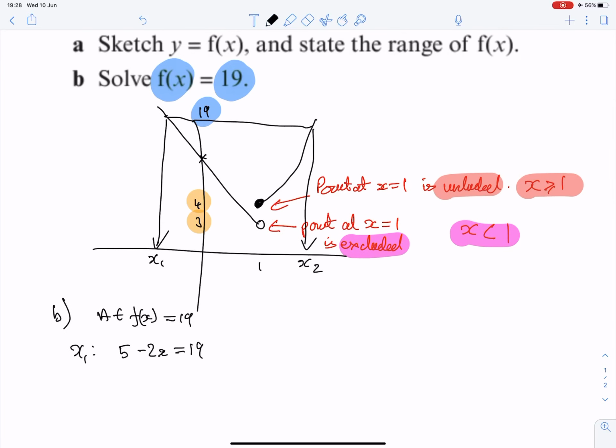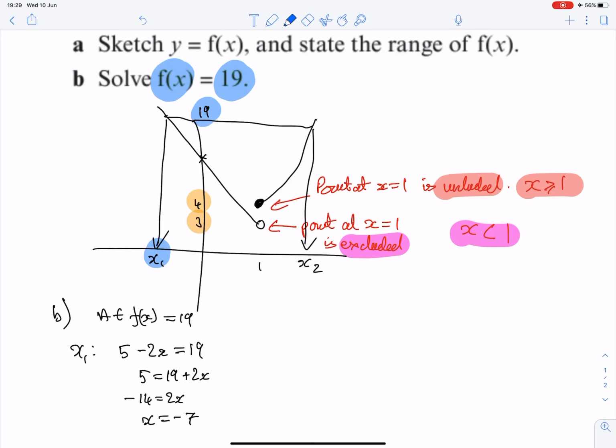Move the x's to get the number of x's positive. Subtract the 19, so we get minus 14 equals 2x. X equals negative 7. I'm slightly reassured by the negative 7 because where did we say x1 was? Yes, in the negative part of the graph.